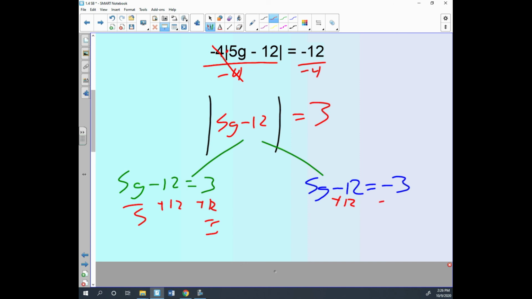Do that same thing over here: add 12, and then divide by 5. So the moral of the story is to clean up the absolute value part so it's all by itself. Hopefully that makes sense. We'll practice some more problems, but I'm just giving you an intro lesson for this next step of absolute values. Take care.